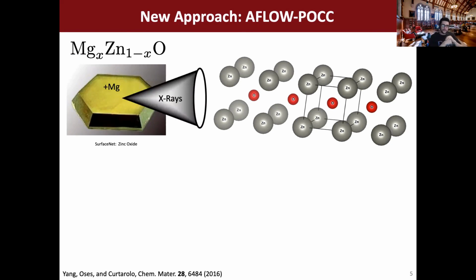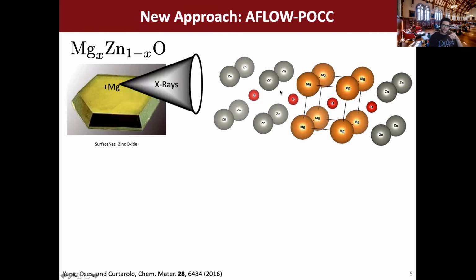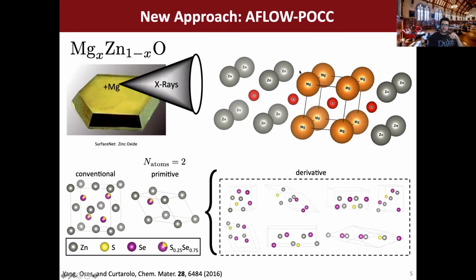Now, if I start to dope it, let's say in this case I dope this system with magnesium, and I use my X-ray vision again, at a particular spot I might see the same structure I saw before. But now, as you look around, you're going to see that there are some sites occupied with magnesium, and some sites occupied by zinc. And so that's the picture.